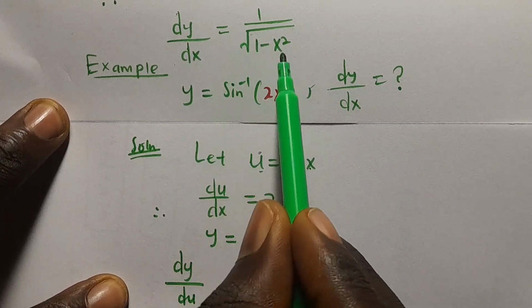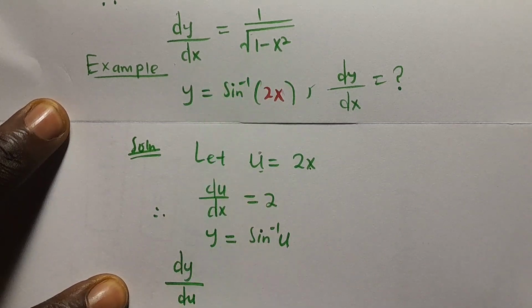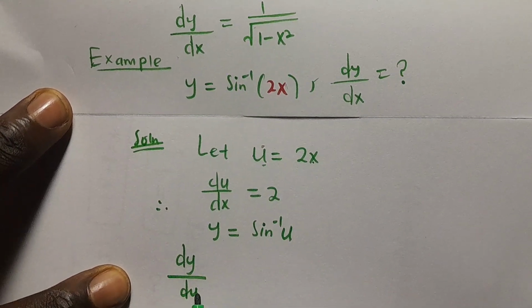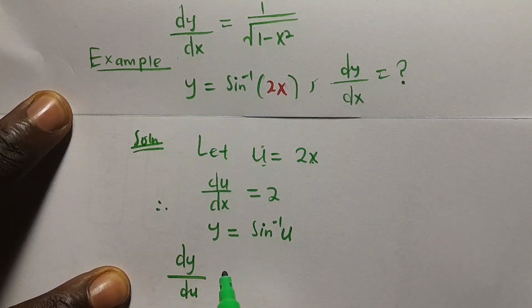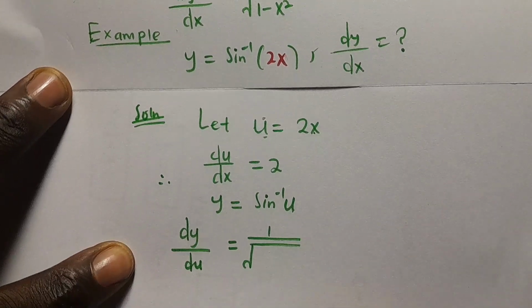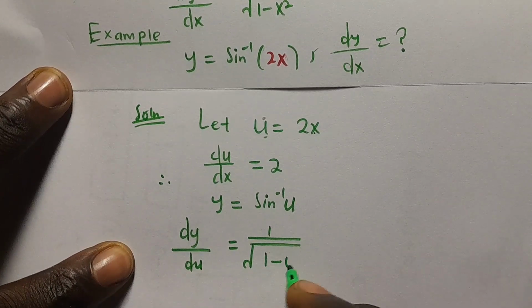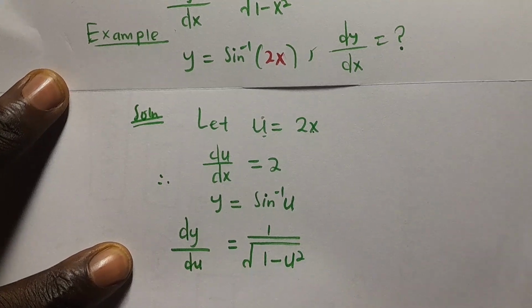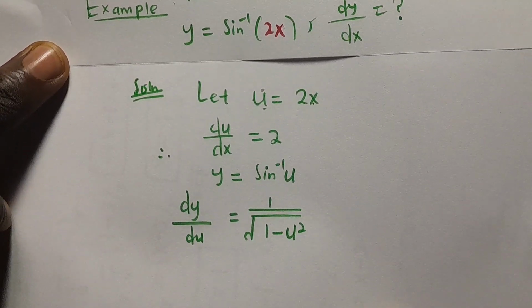So when we change our x here to be u, it will be 1 divided by the square root of 1 minus u squared. We change our u back to x.